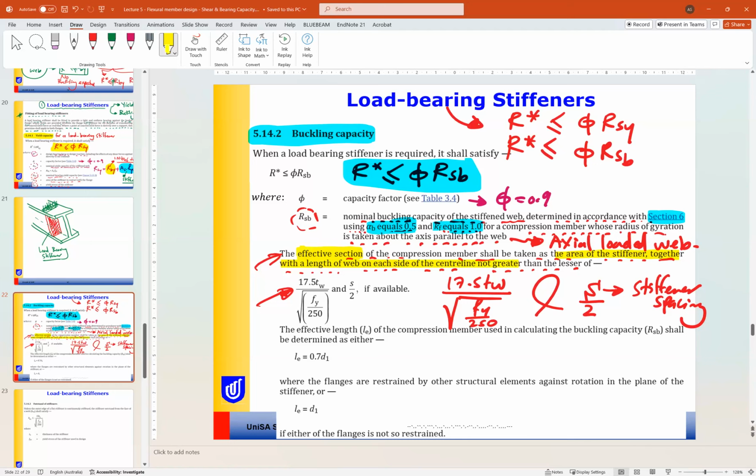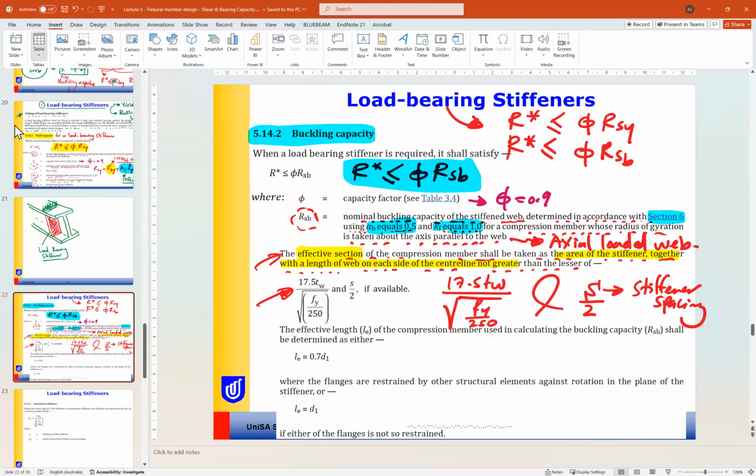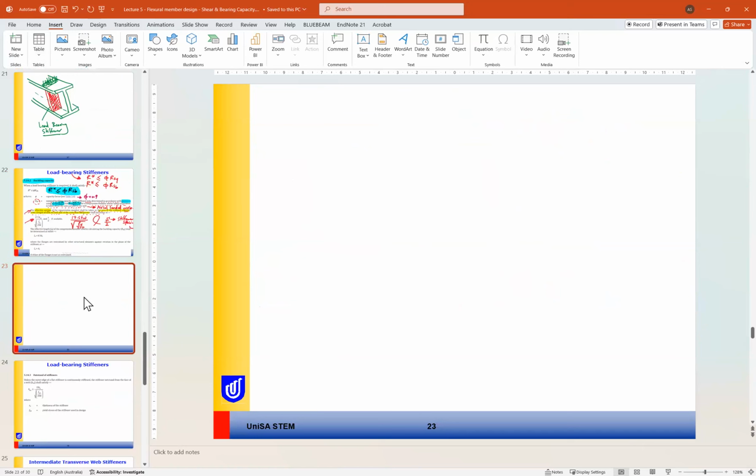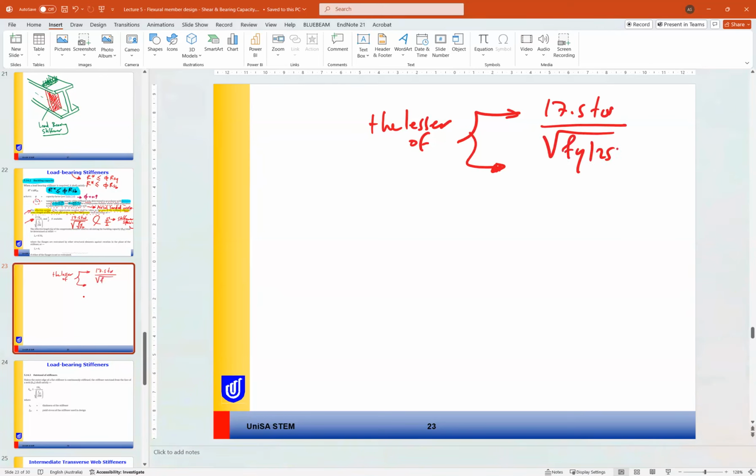So we will calculate the lesser of these two: 17.5 TW divided by root F yield over 250, and the other one here is S divided by 2.